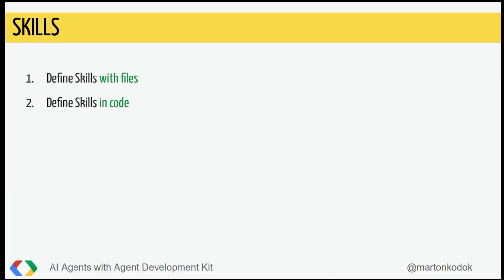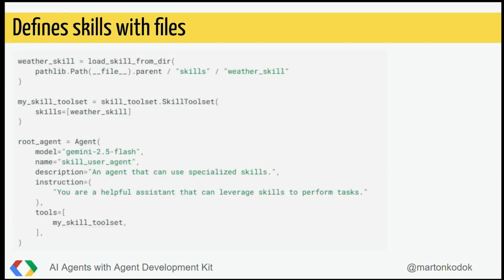So you don't need to write all the prompts yourself, and it helps you get going. To define skills with files, you are able to use load skill from dir, where you add the skill itself, and the skills will be added as a toolset, and it will be added as a capability of the agent itself.